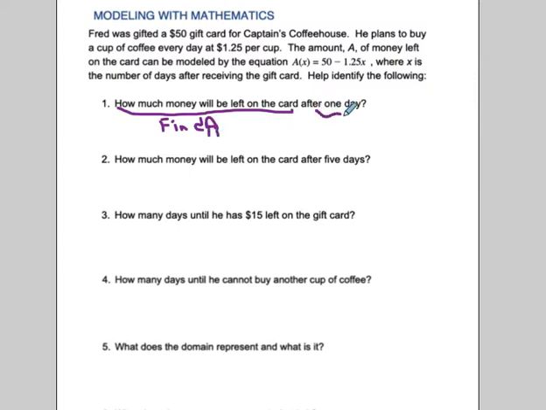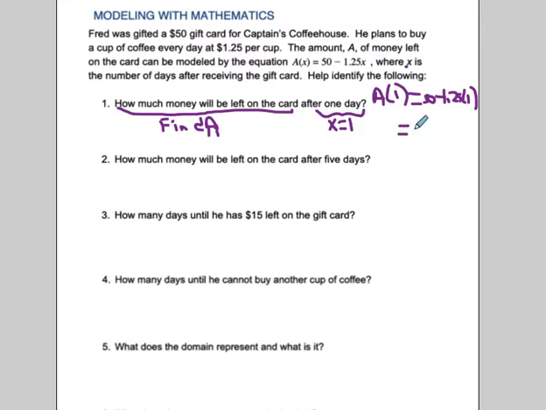Well, if it's been 1 day, day is referring to the x's. So that means x is 1. What we're going to do is plug our value of x equals 1 into our equation. So this is like finding A of 1. Amount after 1 day is equal to 50 minus 1.25x, which we're replacing with a 1.